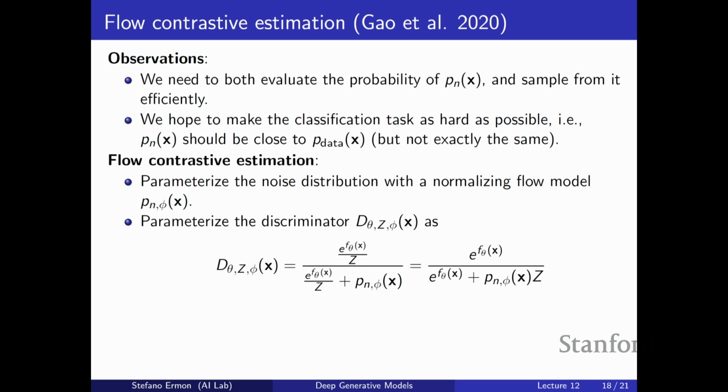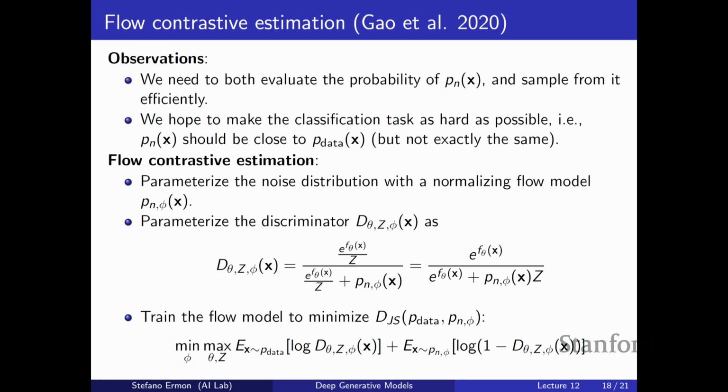Then it's basically the same, except that now the discriminator depends on the noise distribution, which is a flow model, so it will depend on the parameters of the flow. A flow model you can sample from efficiently, you can evaluate likelihoods efficiently, so it fits with this API. And then we optimize the discriminator over theta and z the usual way by noise contrastive estimation.